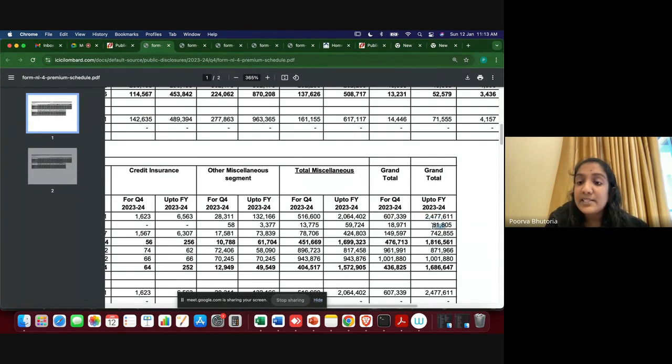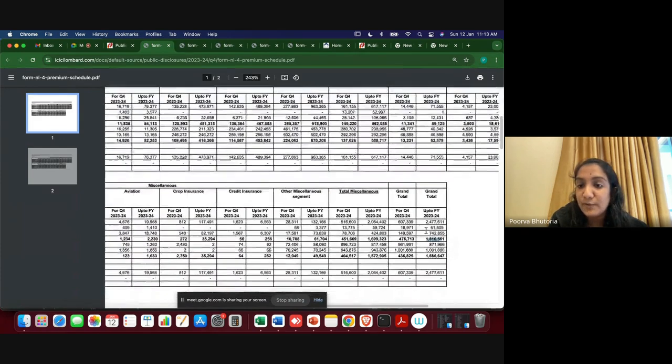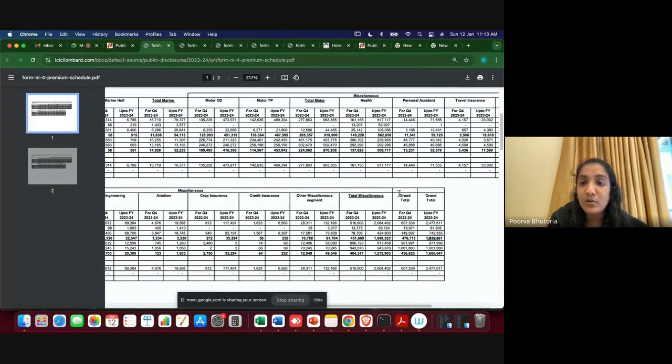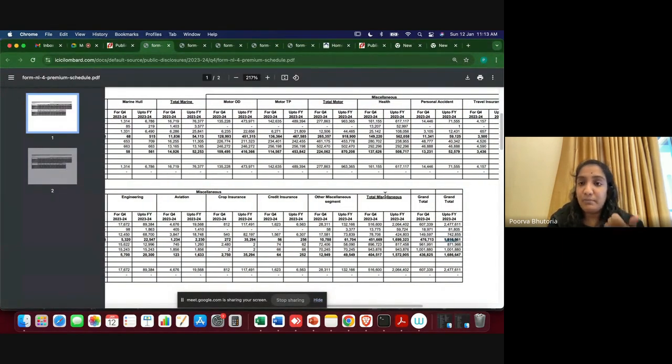Its RI acceptance business is 818 crores, and it also cedes 7,500 odd crores of premium. What's left on its net account is roughly 18,165 crores. This is how you read these four figures. So what is the premium volume?